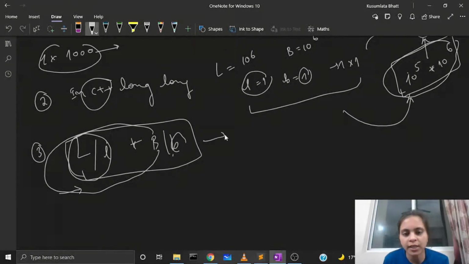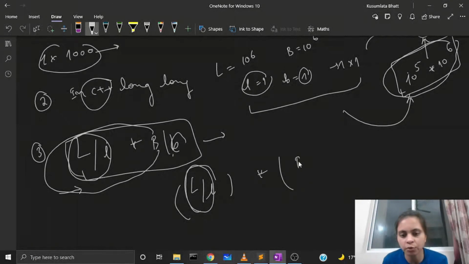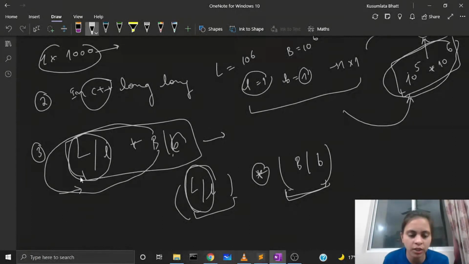So this will give us the incorrect answer. What we have to do is first do the division of L by l, so we apply parenthesization here, and then do the division of B by b, and apply parenthesization here as well, and then multiply the answers of both of the values. So we have to make sure we are using proper parenthesization while using this multiplication and division combination.